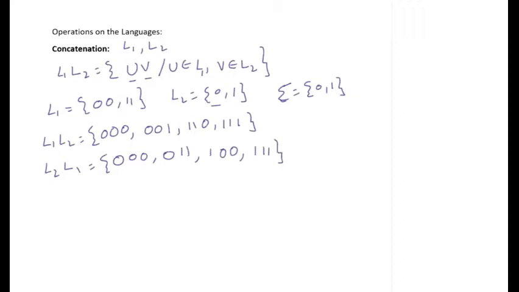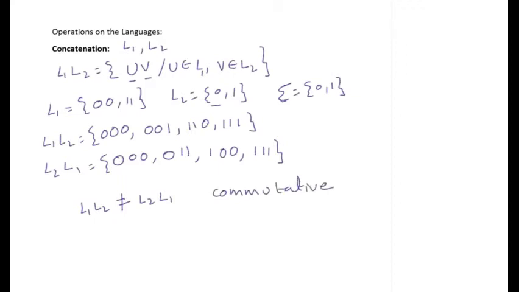Let us see the strings which are in L1L2 and L2L1. These two are different, both are not same. So L1L2 is not same as L2L1. Then we can say that concatenation is not commutative.